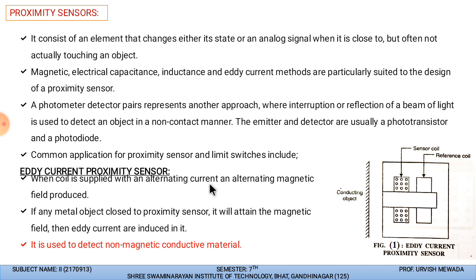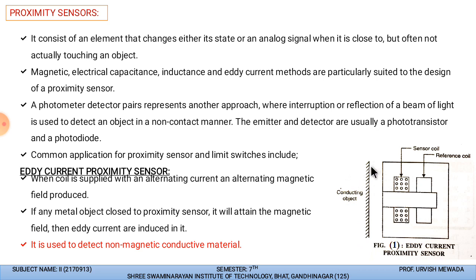Then when the coil is supplied with an alternating current, an alternating magnetic field will be produced, and if a metal object is close to this sensor, this metal object cuts the magnetic field produced by this coil.